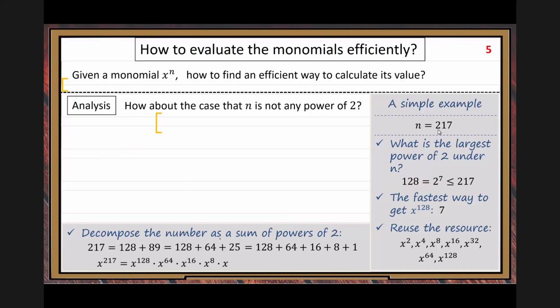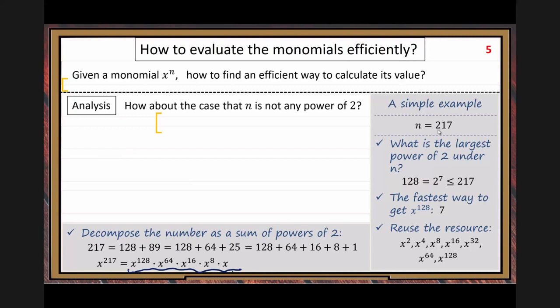Then, to calculate x to the 217th, because all the intermediate results we already have, we just do the multiplication in this way. We need 4 more multiplications.